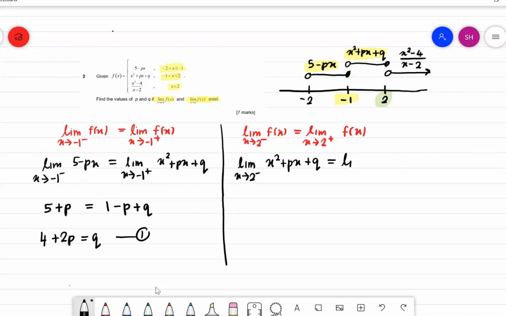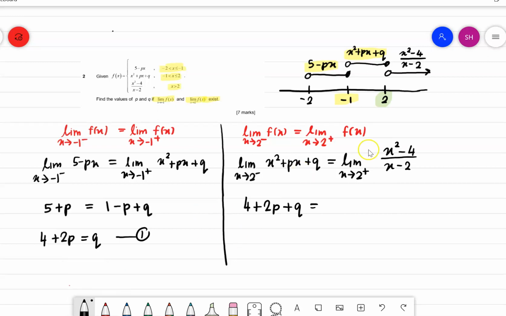Equal to limit x approach 2 from right, which is x squared minus 4 over x minus 2. And then for the left hand side, we substitute x with 2. We get 2 squared is 4, plus 2p plus q.